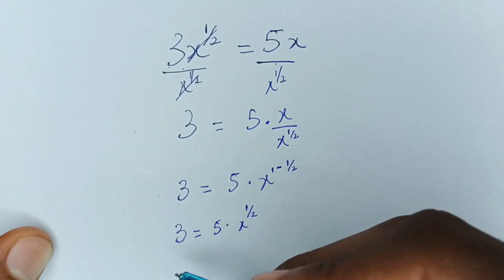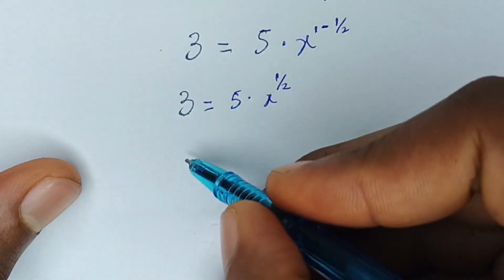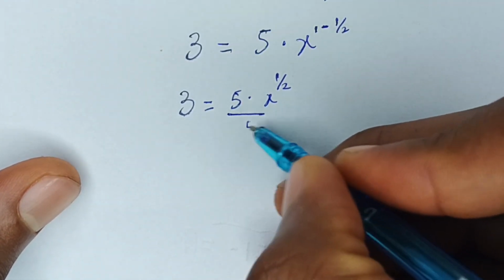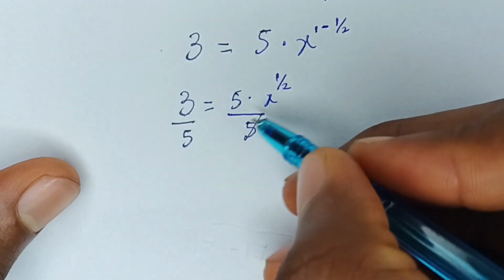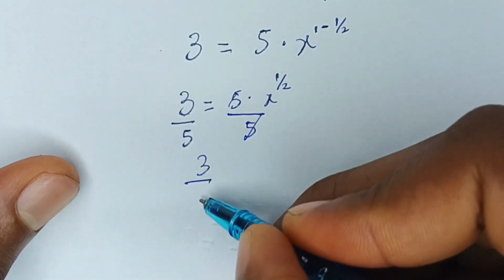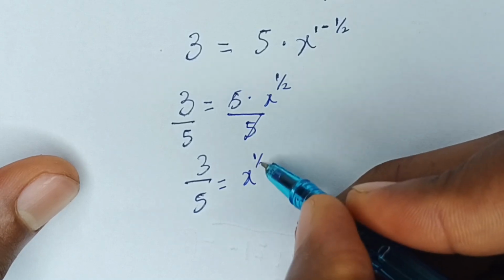Alright, now from here you can see if you divide both sides by 5, you will be left with 3 over 5 equal to x raised to the power half.